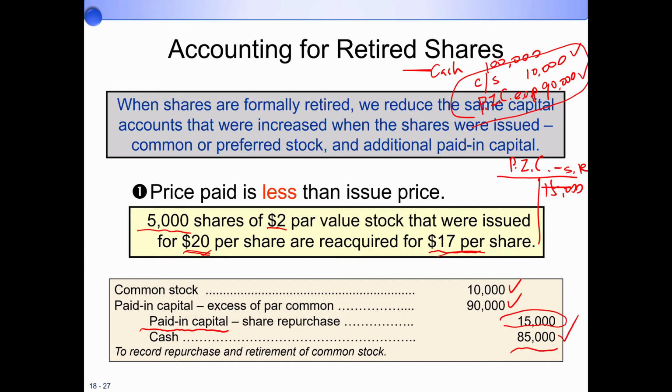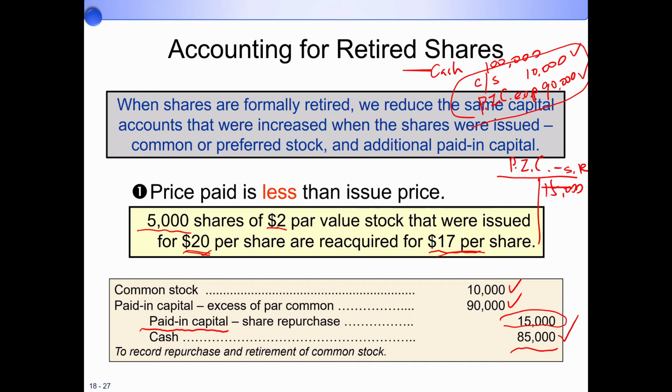That's why you made kind of a $15,000 profit. But this is not a real profit, because profit is supposed to come from dealing with your customers. This one you're dealing with the owner. This so-called profit belongs to the owner, that's why it's part of the paid-in capital. It comes from the owner. Is it like two PIC accounts?